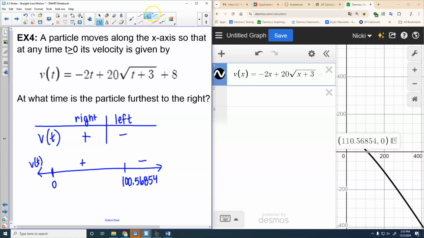So that tells us that our particle went to the right from 0 to 110.568, and then to the left for everything after that.